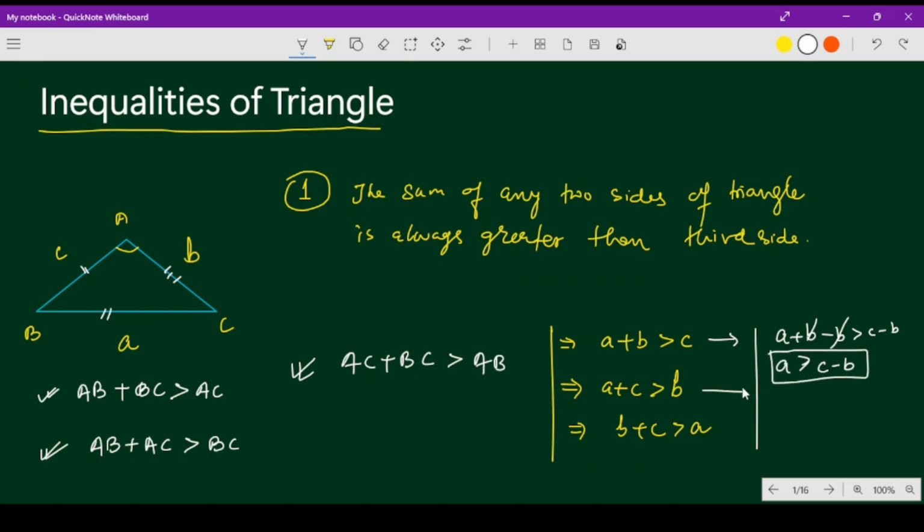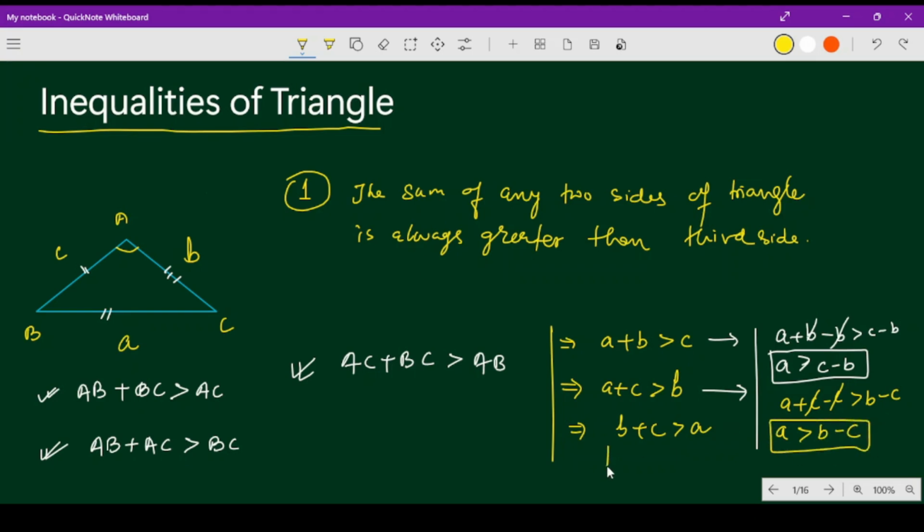Likewise, if we subtract c from the second inequality, a plus c minus c is bigger than b minus c. The c and c get cancelled. We are getting a is bigger than b minus c.